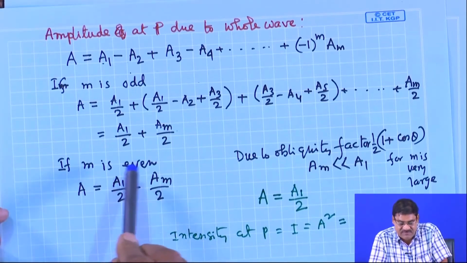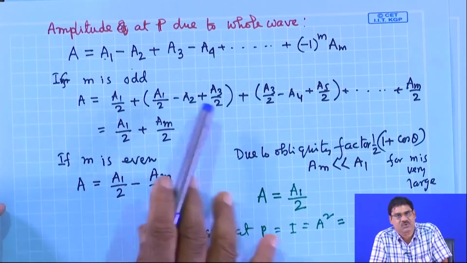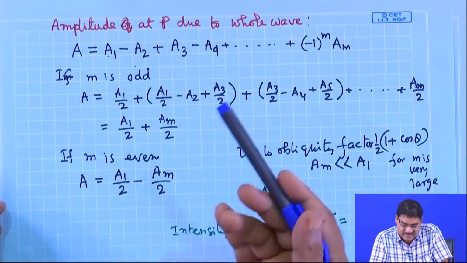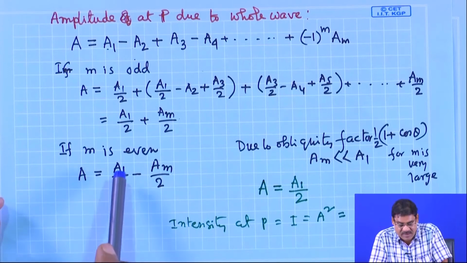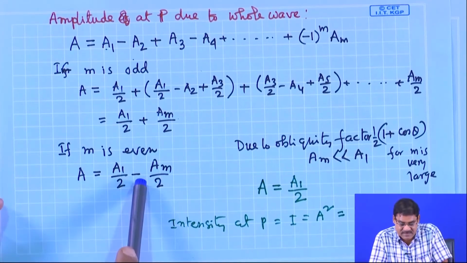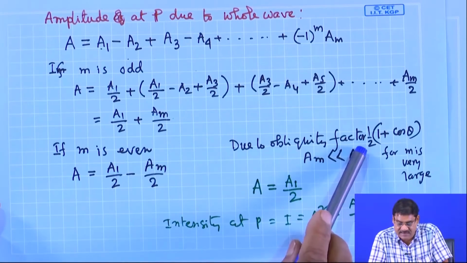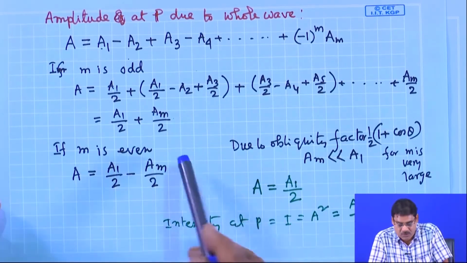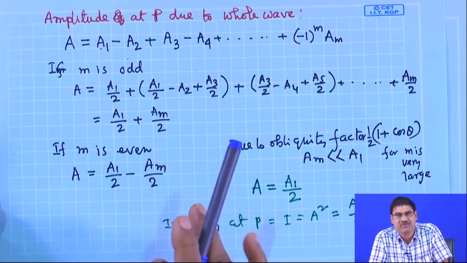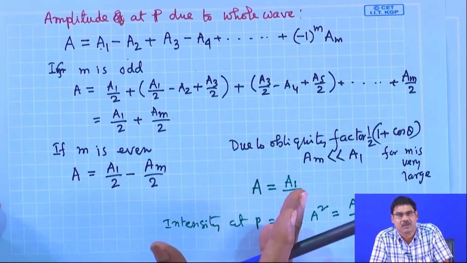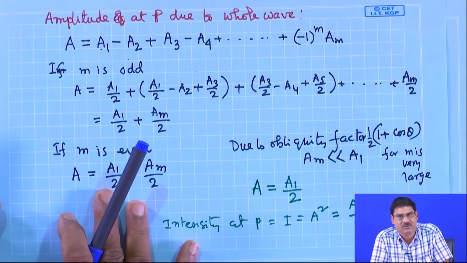Similarly, if M is even, rearranging the same way, A will be A1 by 2 minus AM by 2. Actually, due to the obliquity factor, if M is very large, the amplitude AM will be very small, negligible compared to A1 from the first zone.